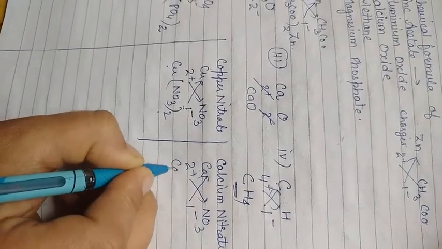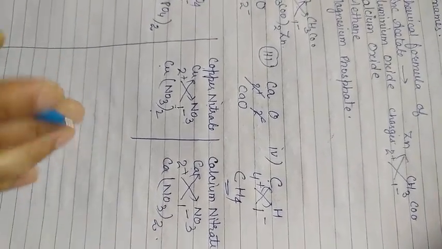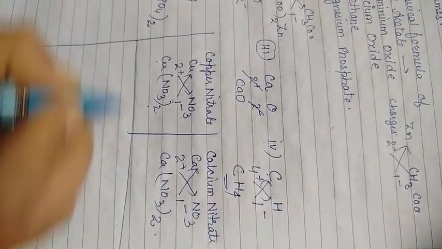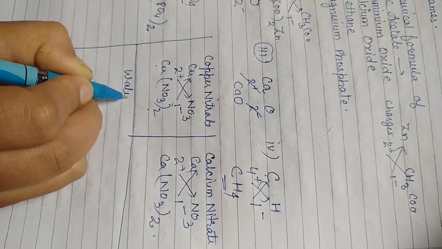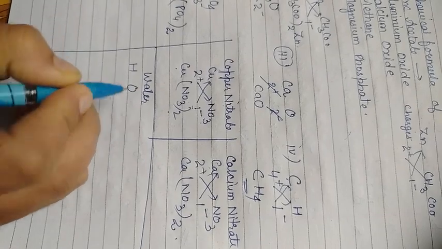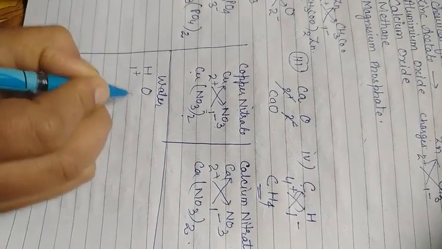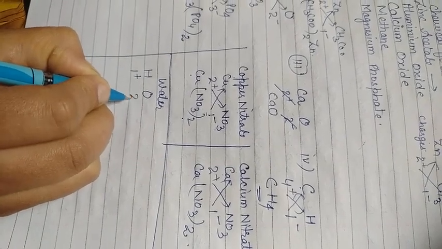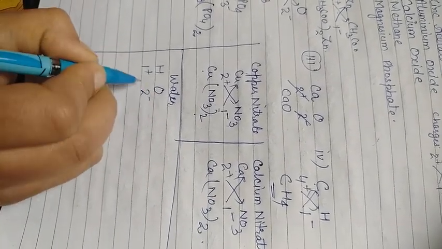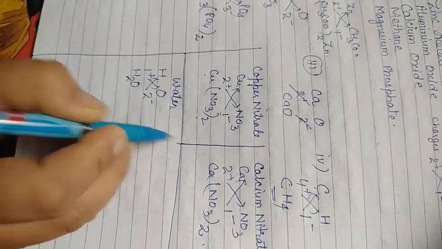The formula will become Ca(NO3)2. For example, if we have to write the formula of water, we know that water contains the elements hydrogen and oxygen. The charge on hydrogen is 1 plus, and on oxygen it is 2 minus. And the formula will become H2O.